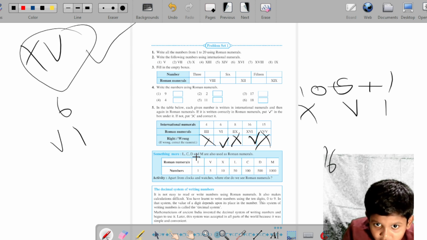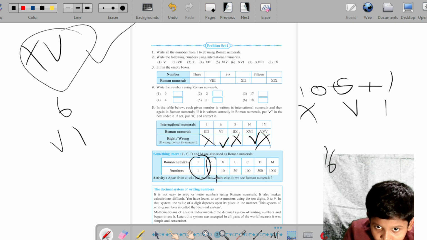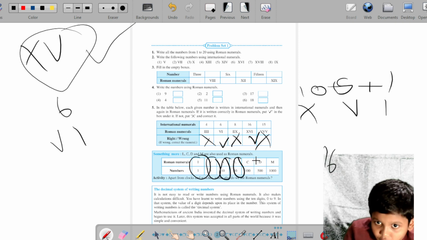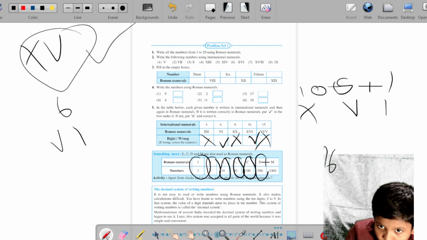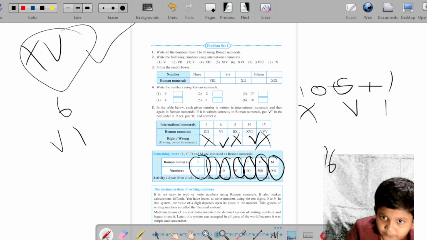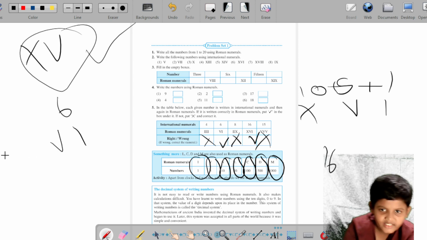And now remember these numbers. I is 1, V for 5, X for 10, L for 50, C for 100, D for 500, M for 1000. See, I am giving a shortcut.